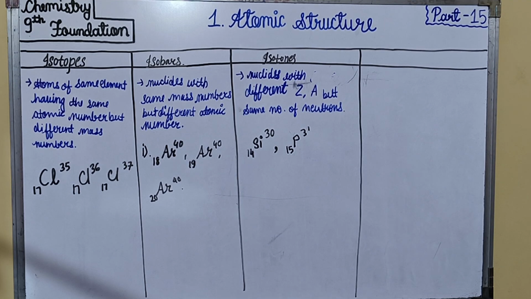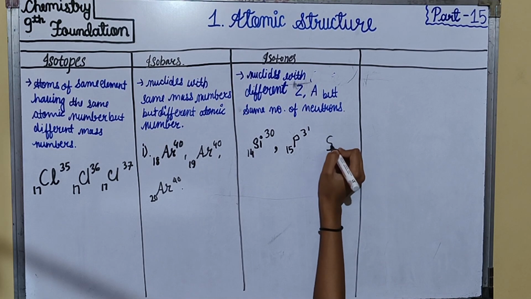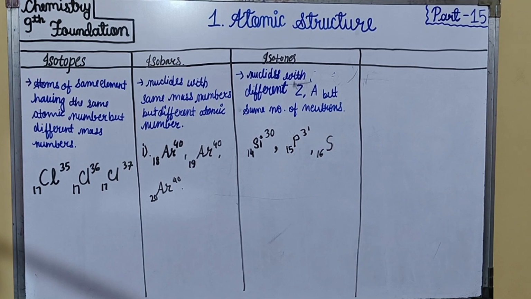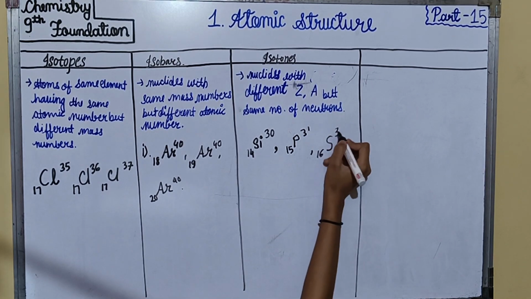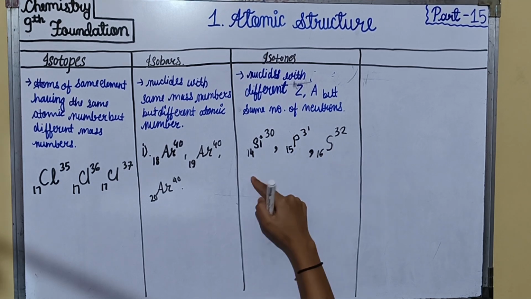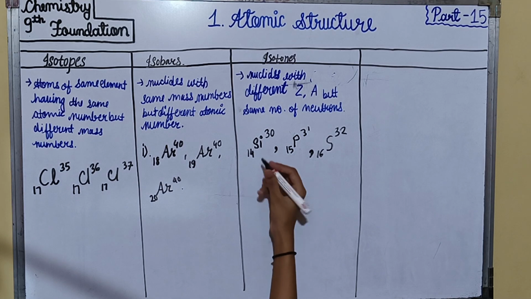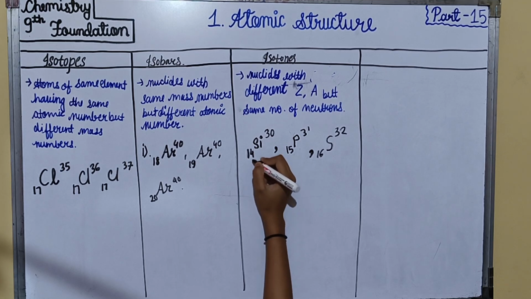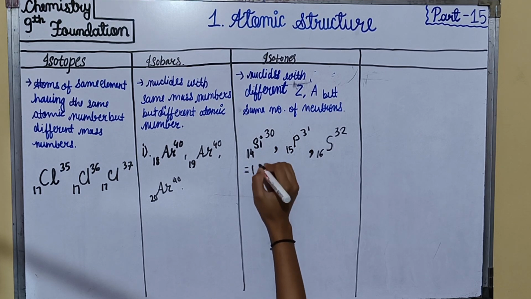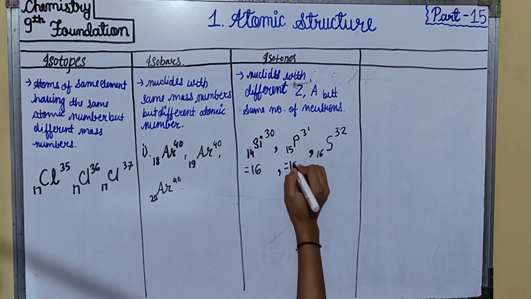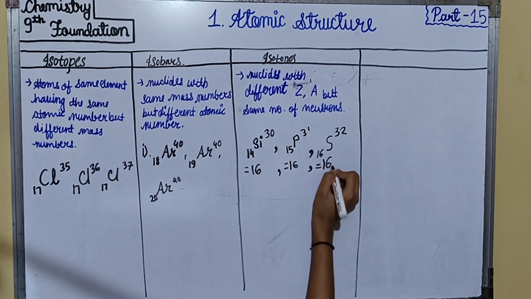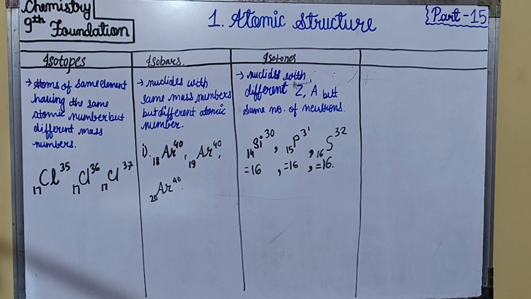Then sulfur, 16 is the atomic number and 32 the mass number. You can see the atomic number and mass numbers are both different in every element, but 30 minus 14, that is mass number minus atomic number, the number of neutrons, is 16, this is also 16 and this is also 16. So these are the pairs of isotones.